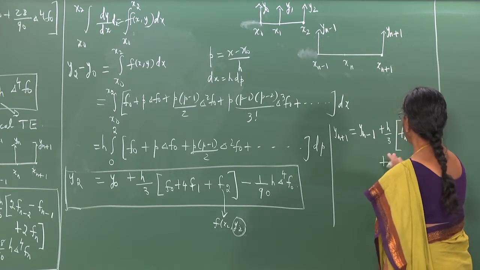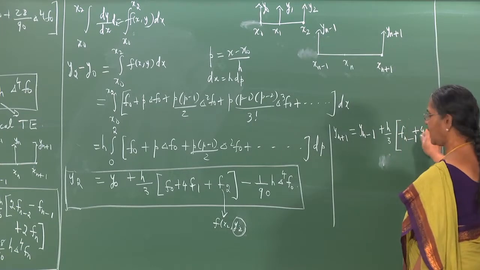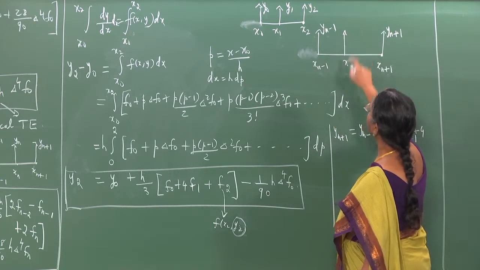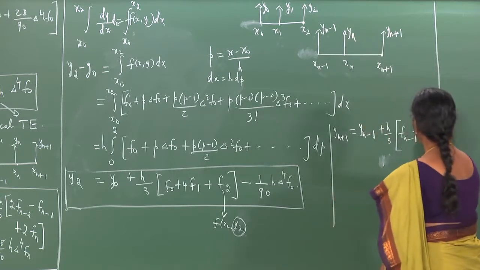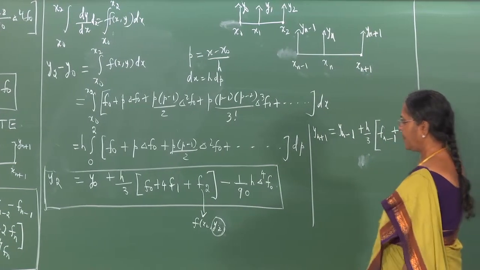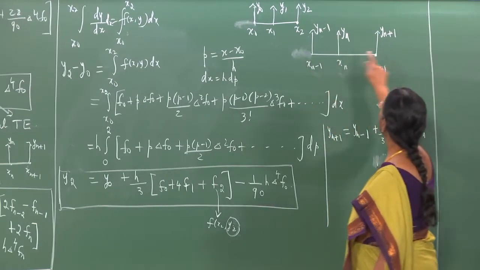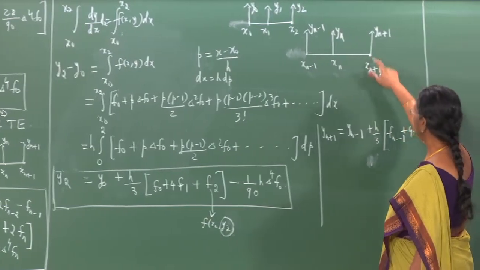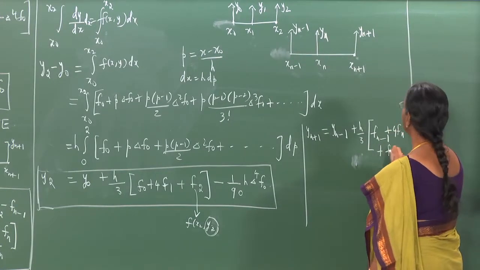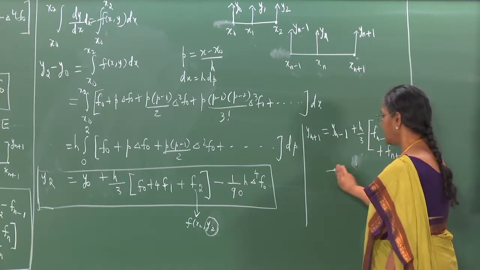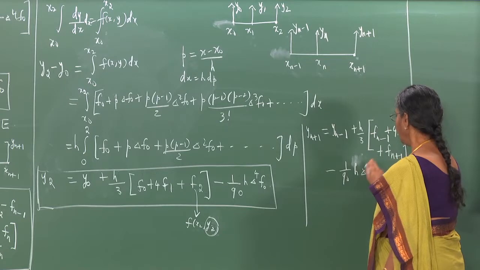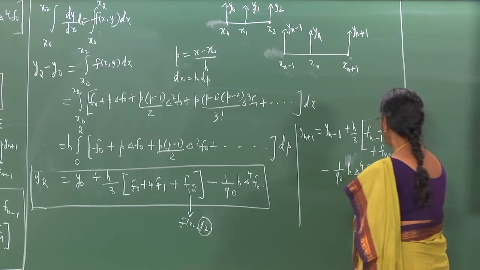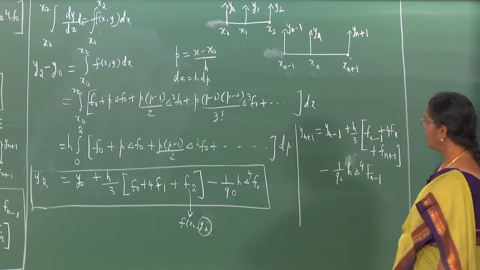Then plus 4 times f1 corresponding to that, here it is going to be f at xn yn, which I denote by fn. And then I have f2, namely the solution at this point, and corresponding to that I should write down fn plus 1, minus 1 by 90 h into delta to the 4 of fn minus 1, which is the local truncation error.